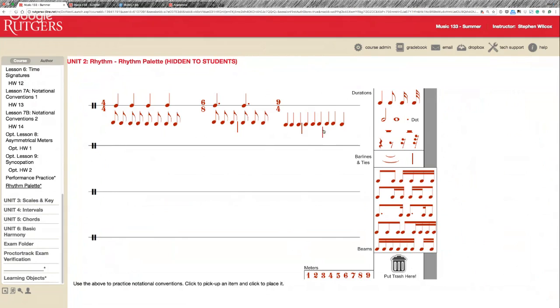So here's my bar divided into 3s. My beat, 1 beat, 2 beat, 3 beat, is 3 quarter notes, or a half plus 1. So my beat is a dotted half note.